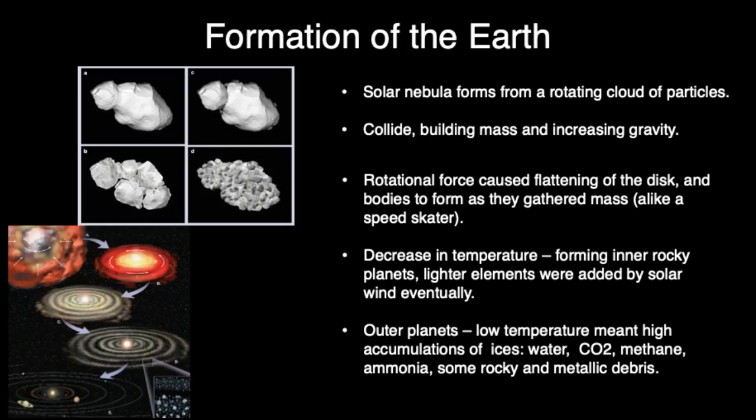Okay? Coalesce means to join together. So elements such as iron, nickel, silicon, calcium, magnesium, sodium, and a few other ones started to form these metallic clumps, which started orbiting the sun.